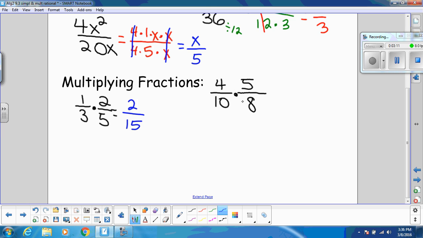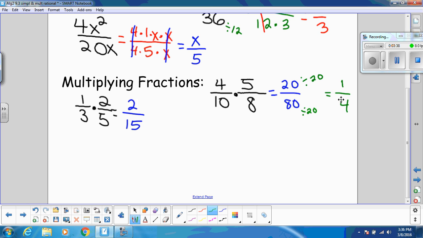Now I could do the same thing here, and I could multiply the top two numbers together. 4 times 5 is 20, and then 10 times 8 is 80, and then reduce both of these. That's one way to do that, right? And we could reduce these both by 20, and that would give us 1 over 4.